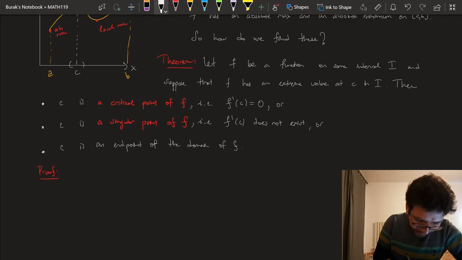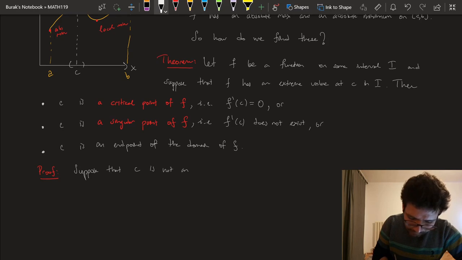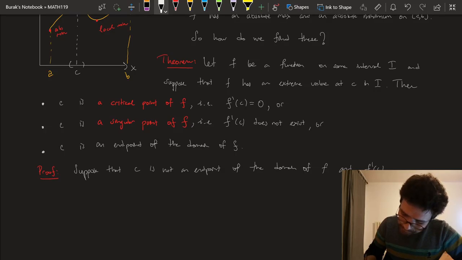Suppose that c is not an endpoint of the domain of f and f prime of c exists, okay?